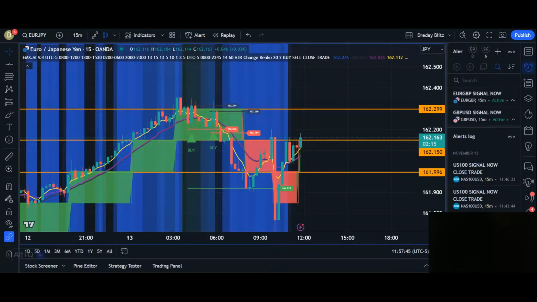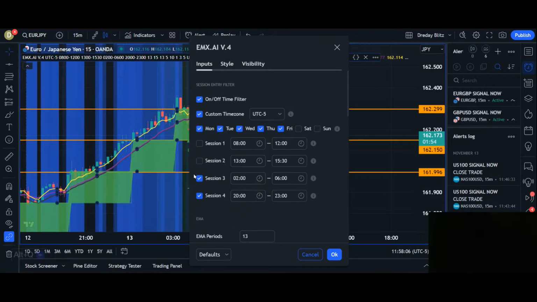It may differ for the entries because of the time that you put in the settings. This is the time that I put for my own settings, but you could put any time that you like. For example, I remove this and change from my 8 to 11, and I put it from 8 until 6.